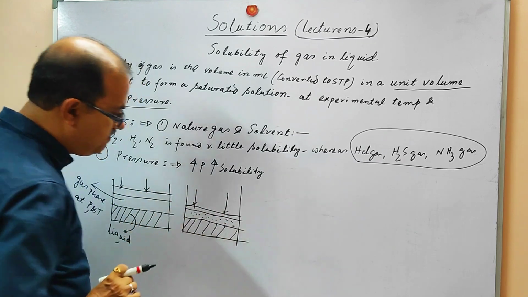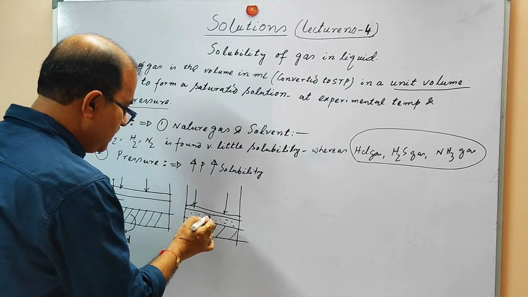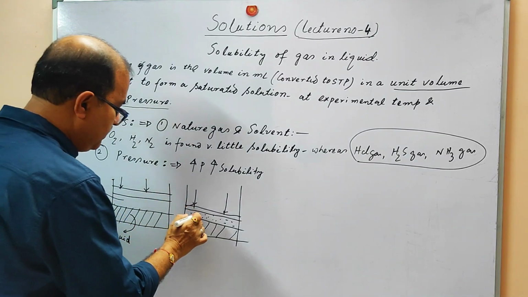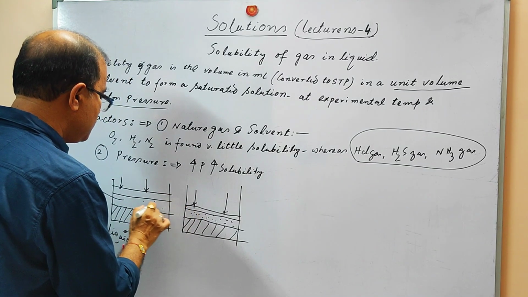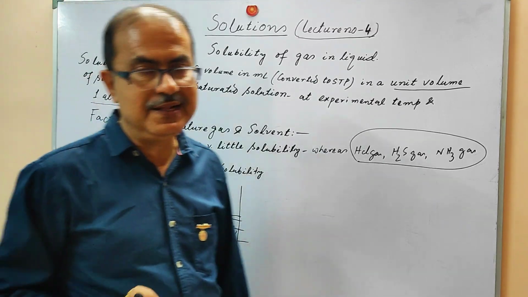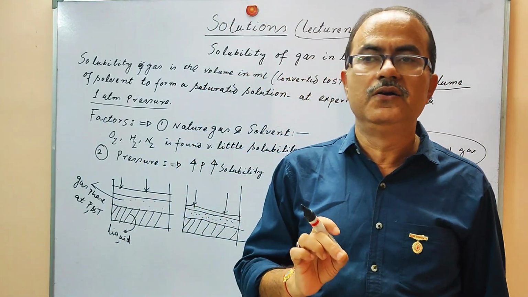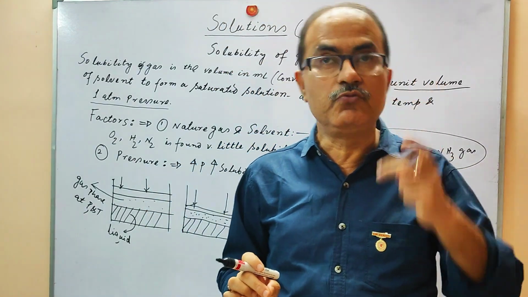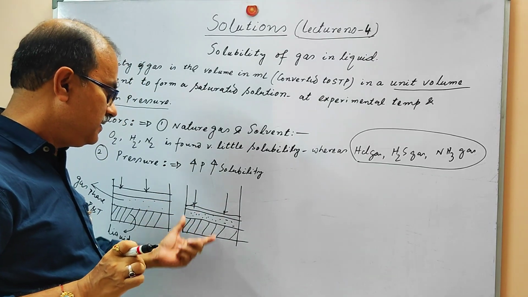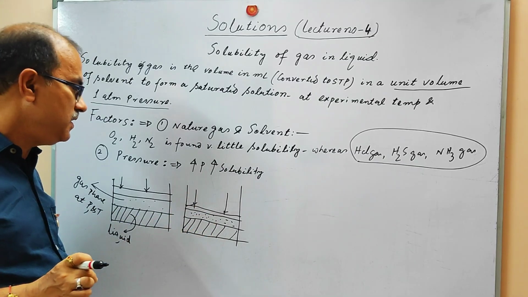Now when we increase the pressure of the gas by reducing the volume, what is going to happen? The number of particles per unit volume has increased. Previously it was lesser. This means the number of particles going into the solution, or striking the solution or liquid, goes on increasing, and that is why you can see that the solubility, that is the amount of the gas going into the solution, has also increased.